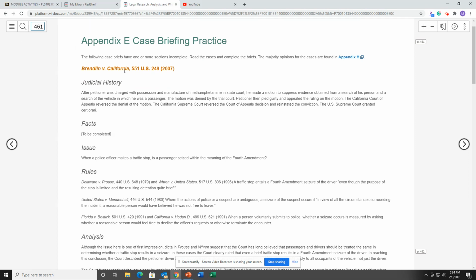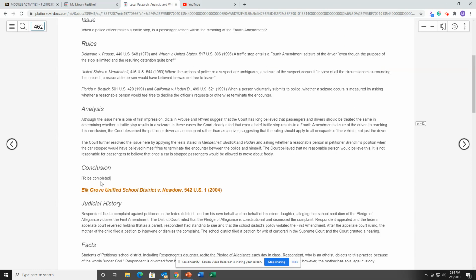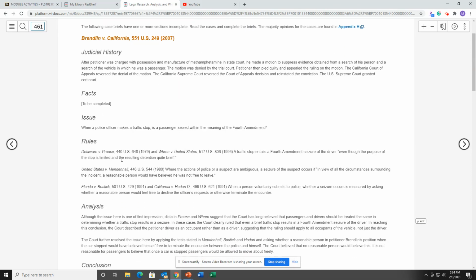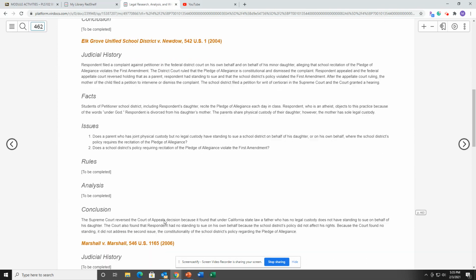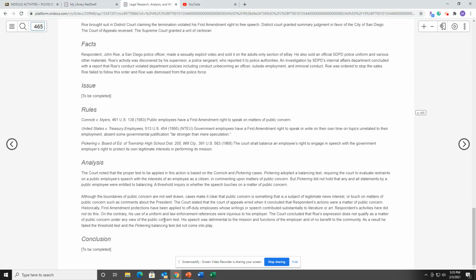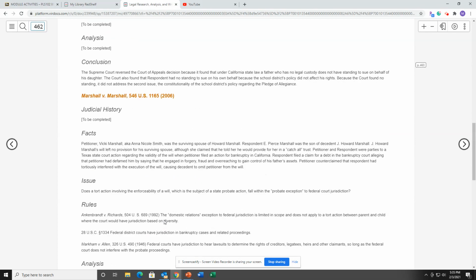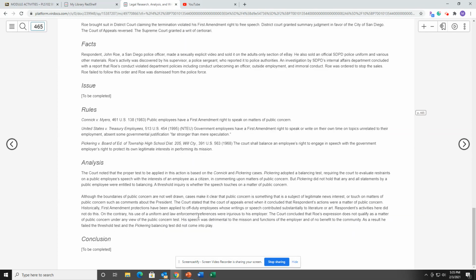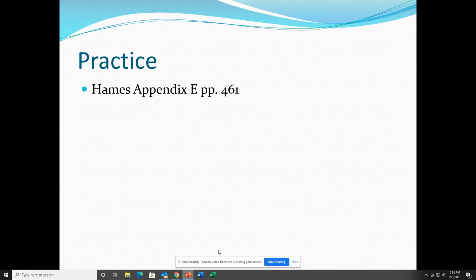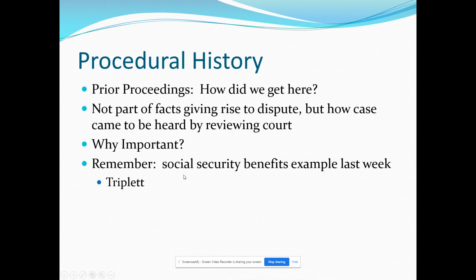So you go to Appendix 8H to find these cases, and then you fill in the blanks. So here are just what are the facts and what's the conclusion. If we were in class, I would have you guys work on that together, but we don't have class, so you can work on that on your own, and it'll be good practice for you.